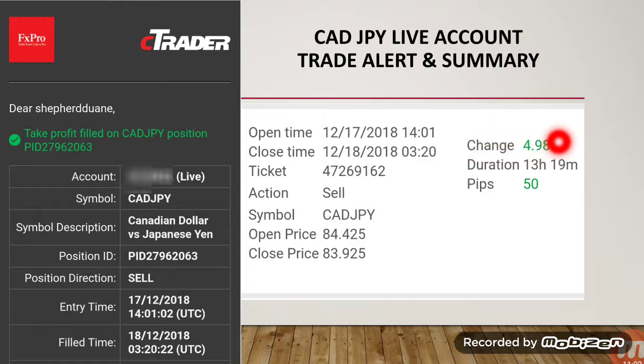Depending on the level of risk that you would have taken for this trade, this rate of return could have been anywhere between 2% and 5% on your trading account. But for me, I generally tend to risk between 3% and 4%, sometimes higher. And this usually provides me with a rate of return of between 4% and 5% per trade.